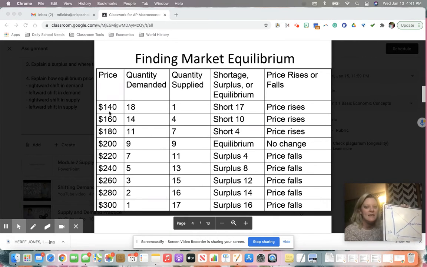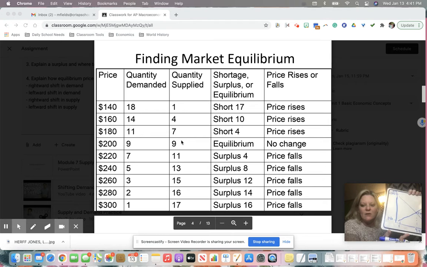And you should see that the quantity at which they are equal, you can look on your graph right here. Quantity demanded is 9 and quantity supplied is 9. So you should have at 9 bicycles, that is your equilibrium quantity.